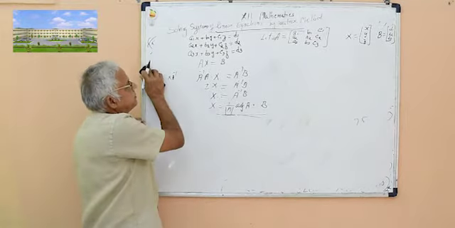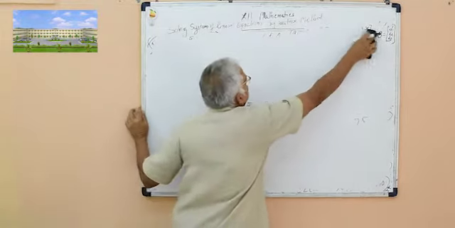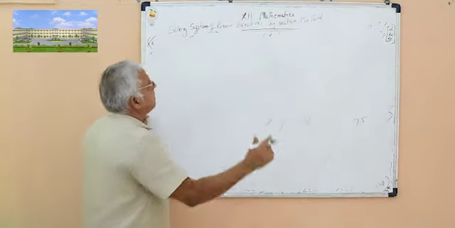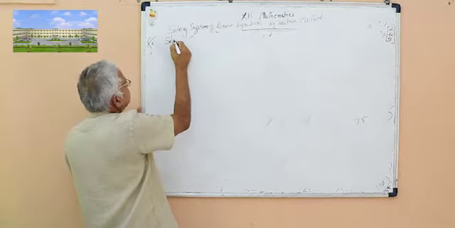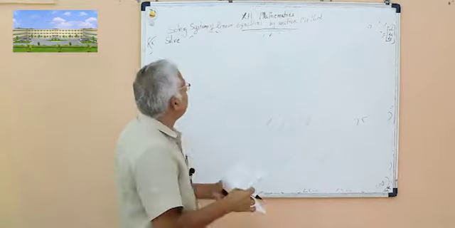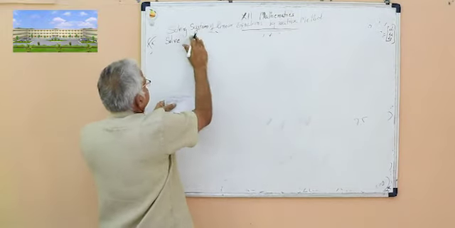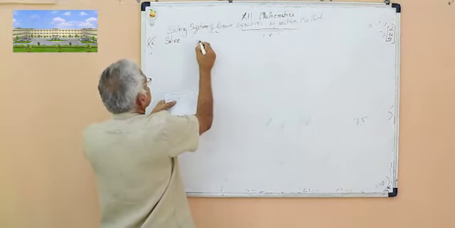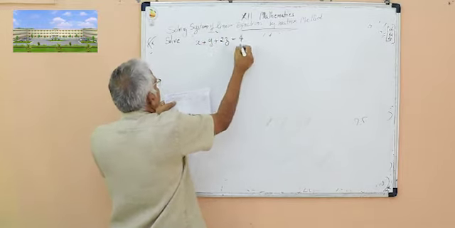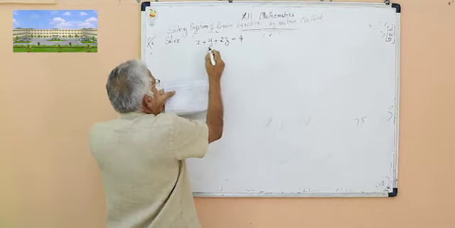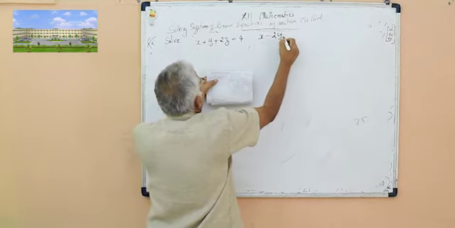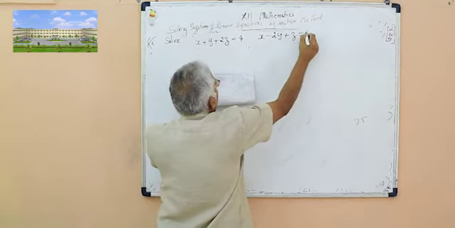So, solve by matrix method. Question: x plus y plus 2z is equal to 4. x minus 2y plus z is equal to 0.